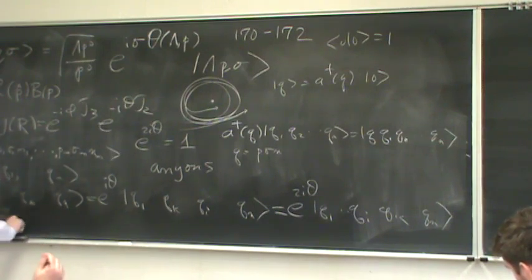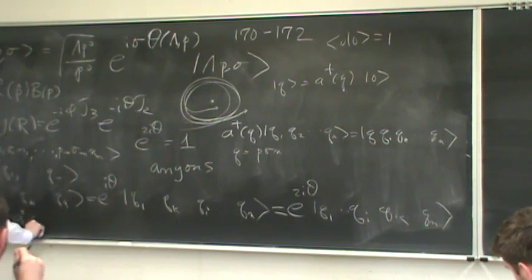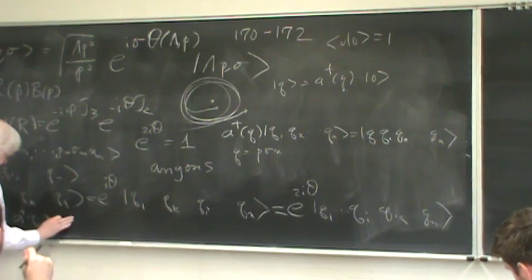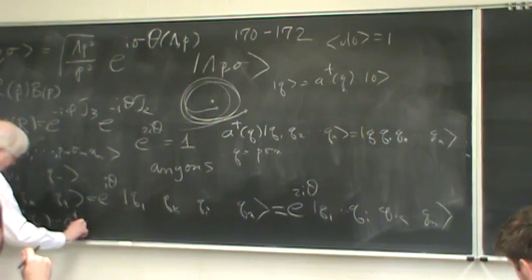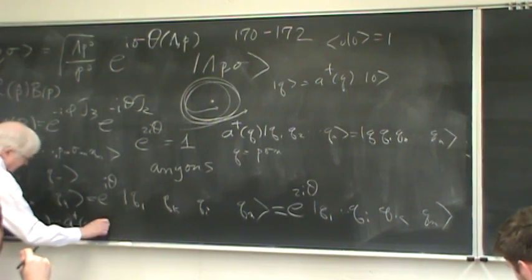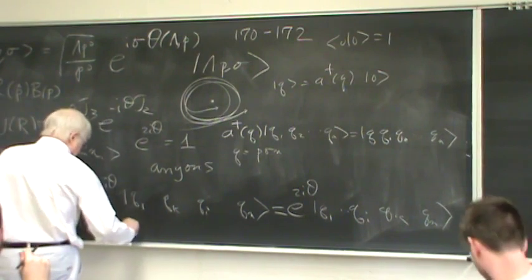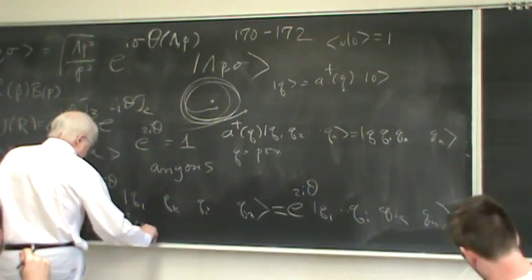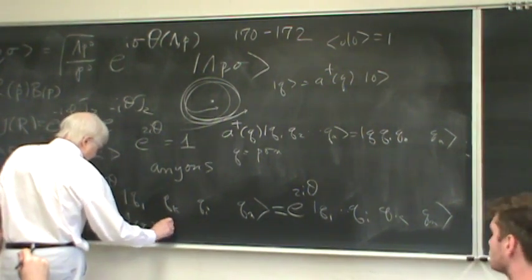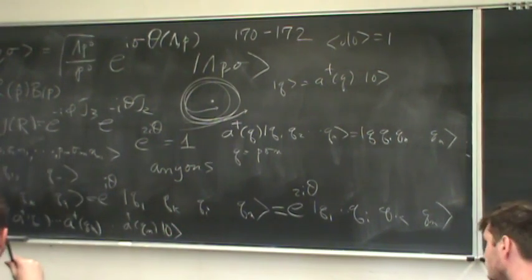Let me just do a dagger of QI, a dagger of QK, a dagger of QN on vacuum. Okay? That's this state.